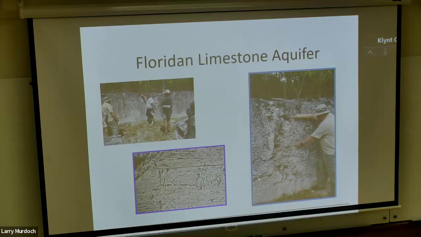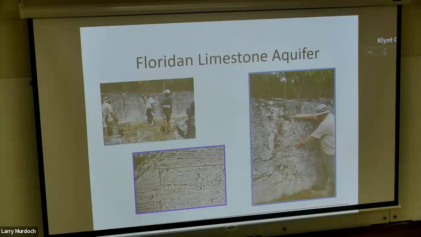The calcium carbonate is also vulnerable to dissolution. CO2 combines with water to create carbonic acid that will dissolve the calcium carbonate. And this structure here is a dissolution structure where the rock has been dissolved away.